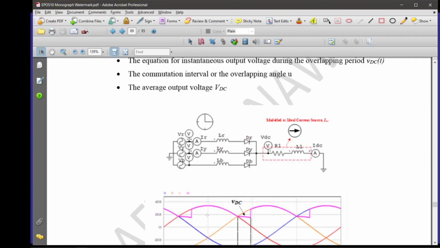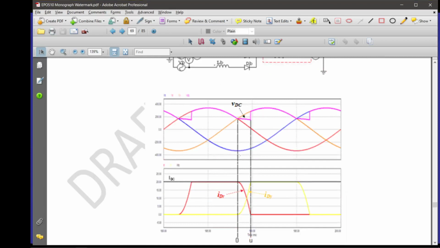Okay, so we know that during that, when it transfers to D2, we can see that the current from the red phase will reduce to 0, and then the yellow current will flow from 0 to the circuit current, which is the IDC, the output current of IDC.